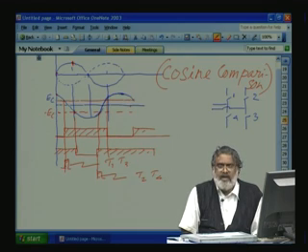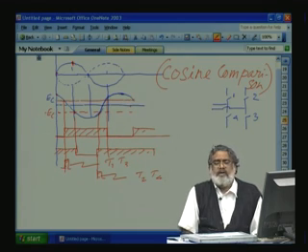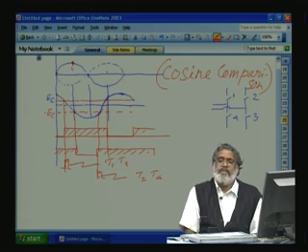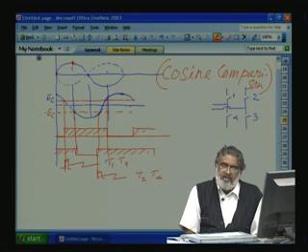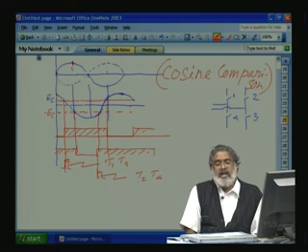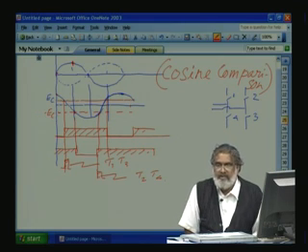Now, so far we have studied controlled rectification, AC to DC converters using phase control converters, their problems, what the output voltage is, how you control the firing angle, in what way the output varies with firing angle, and how we can generate the firing pulses.